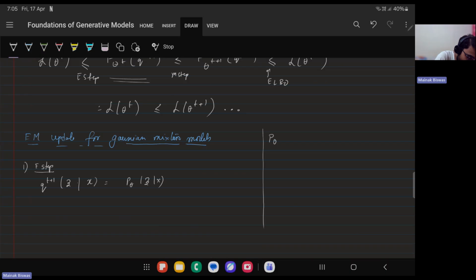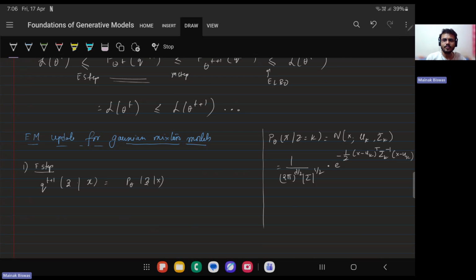The GMM assumes that P of X given Z equal to K is distributed as normal mu K, sigma K, which is equal to, if you know your multivariate calculus, 1 over (2 pi) to the power d by 2, times the square root of the determinant of the covariance matrix, times e to the power minus half (x minus mu K) transpose sigma K inverse (x minus mu K), right?